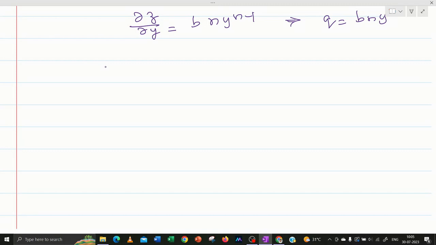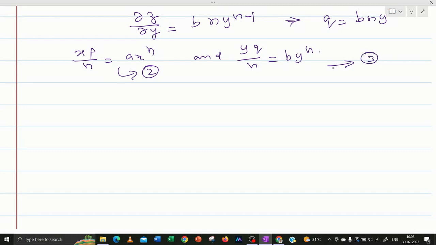Therefore, we can calculate that from the equations, x p by n equal to a into x power n and y q by n equal to b into y power n. Take this as equation number 2. This is equation number 3.